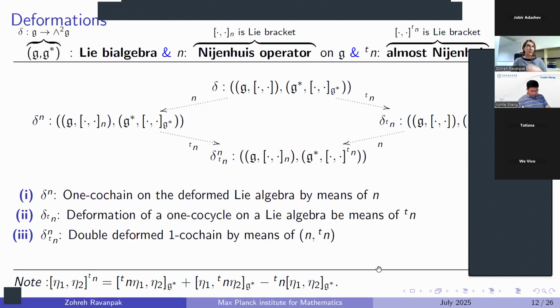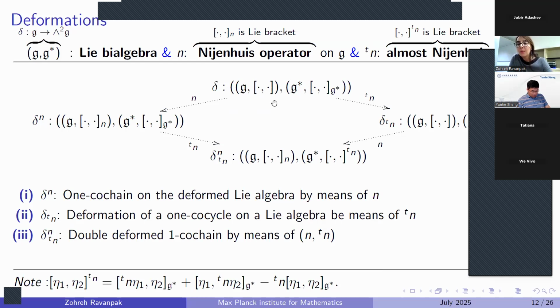So I'm done with the basic definitions. Suppose that we have a Lie algebra and a Nijenhuis operator, and we want to say how they interact with each other in order to produce a new Lie algebra. Considering the top of this diagram, we have a pair of Lie algebras.